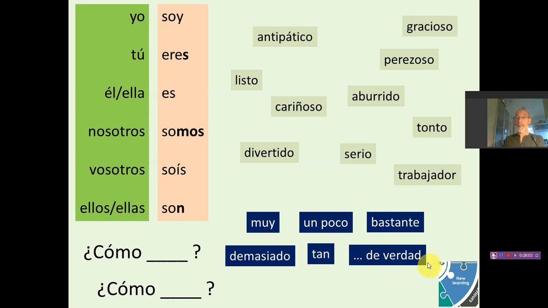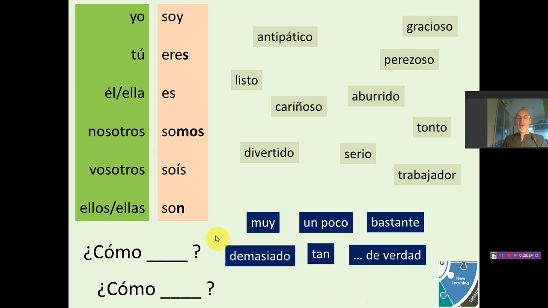La verdad es que el español es muy interesante para mí, for me. La verdad es que, the truth is that, el español es muy interesante, for example, or me interesa mucho.